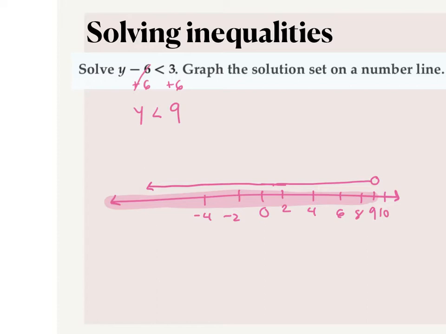So we're not including 9. So 9 would not be less than 9. So we can't put 9. So we would have to put an open circle here. So that's why we put the open circle.